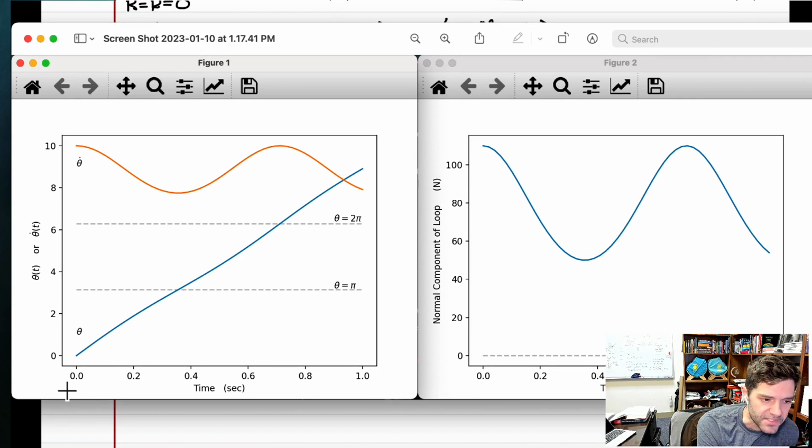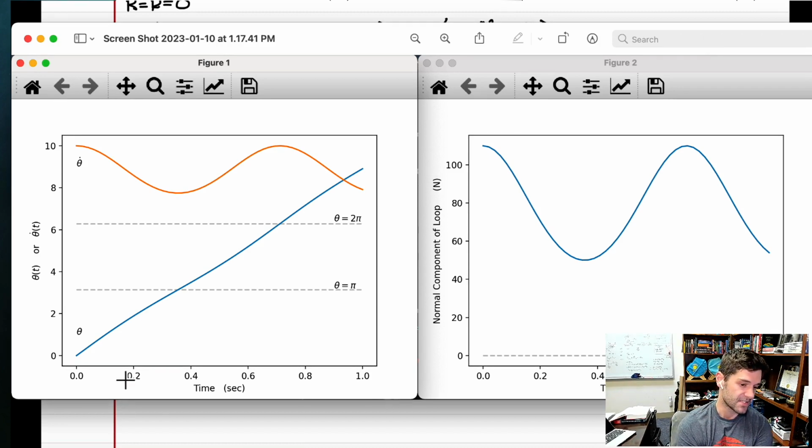No, that can't be true. This has to be 10 meters per second, sorry. Because then my initial angular velocity is 10 meters per second divided by 1 meter. So 10 meters per second was my initial velocity. Then I crunch through the differential equation and I get a curve for theta as a function of time, that's the blue, and then theta dot as a function of time, that's the orange. The y-axis could be either radians or radians per second.